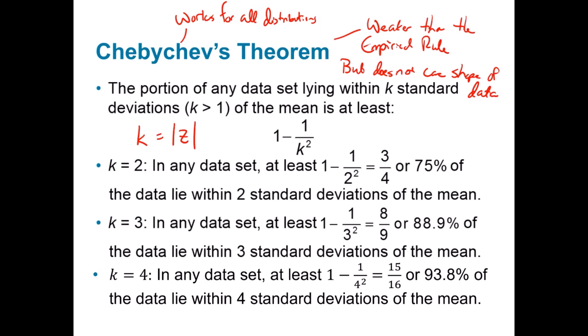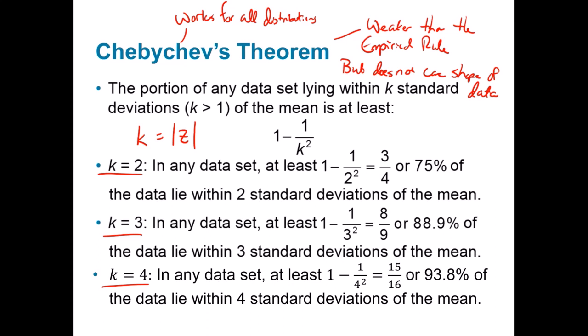So the part you really need to remember for the test on this is really going to be k equaling 2, k equaling 3, k equaling 4. You really need to know these three values. On the homeworks, you're going to find some where k is not 2, 3, or 4, so you'll need to use the formula for those. But I will not give you any of those on the test.